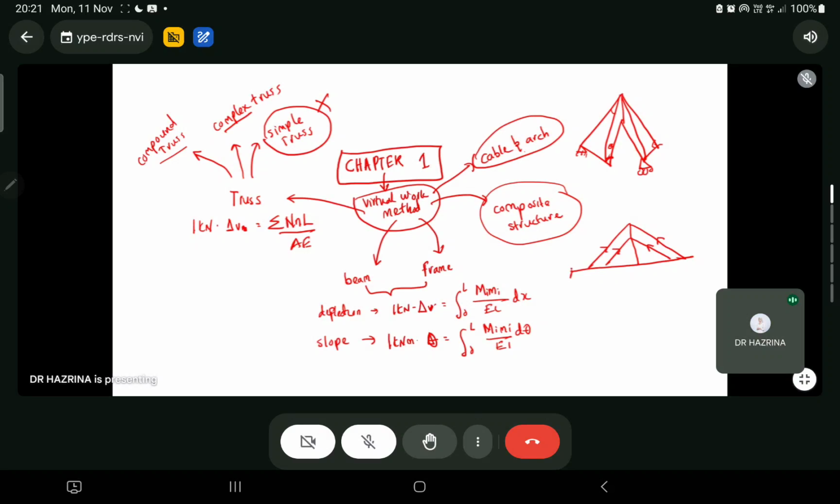So this jambatan Pulau Pinang, usually kalau kita lukis dia sebagai simplified, maksudnya dia adalah combinations of beam dengan cable. Cable adalah sama macam kalau kita analisis untuk truss structures. Okay, and sama juga kalau structure yang mempunyai composite, you boleh bayangkan jambatan truss.